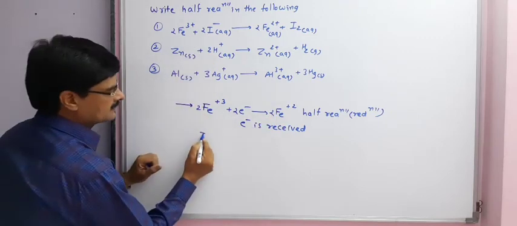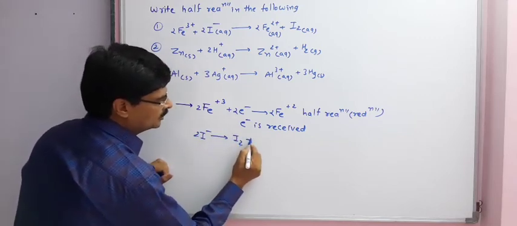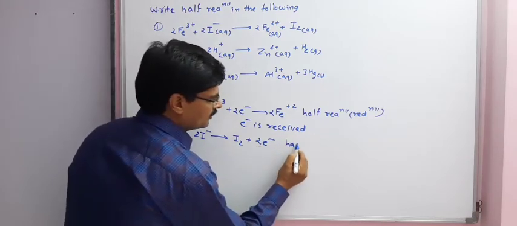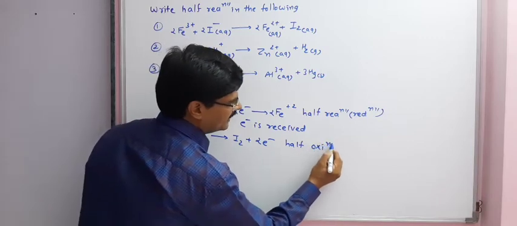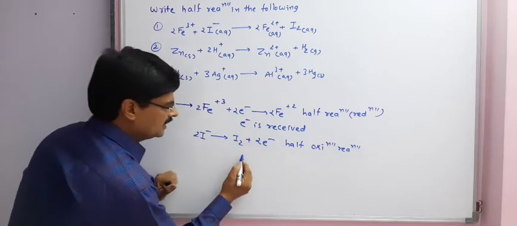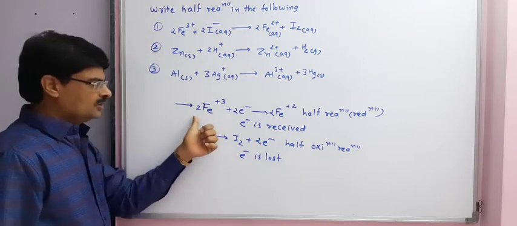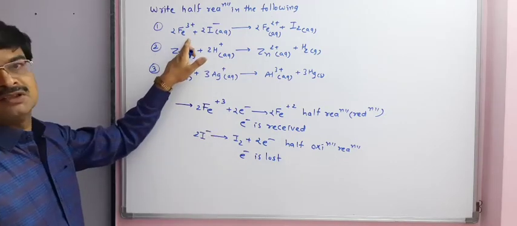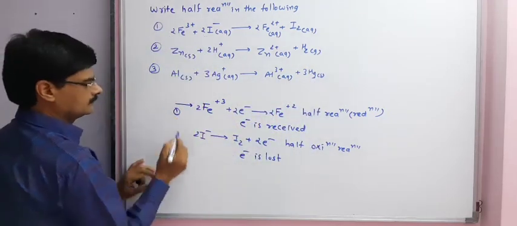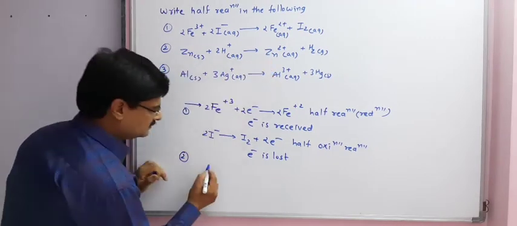Now 2I- will give I2 by losing 2 electrons. So this is the oxidation half reaction, because electron is lost. So these two are the half reactions for the first reaction. Now for the second. Zn gives Zn2+.